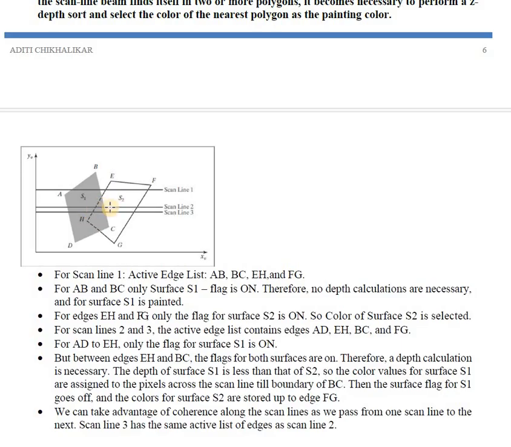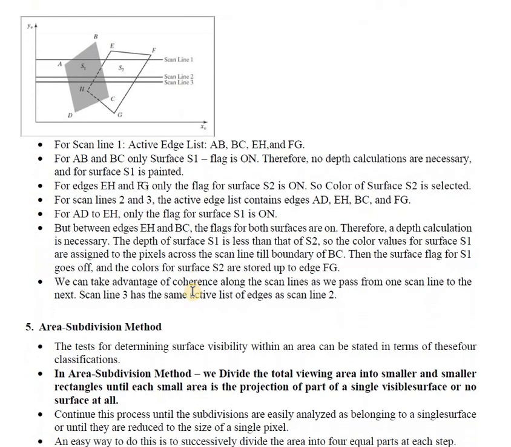So it will do the depth sorting and it will see which polygon is on top. So if the grey color polygon is on the top, it will continue painting the grey color. But when it reaches the BC edge, the flag goes off for the first polygon, so the color changes to the color of the second polygon, which is white in our case. This is how it works.